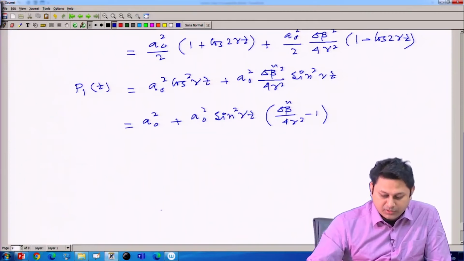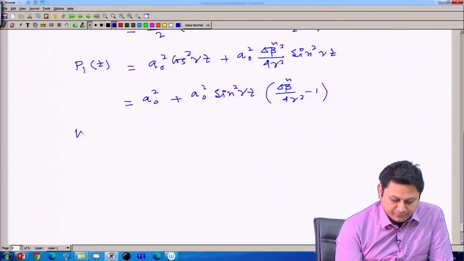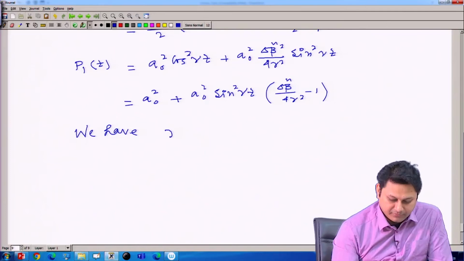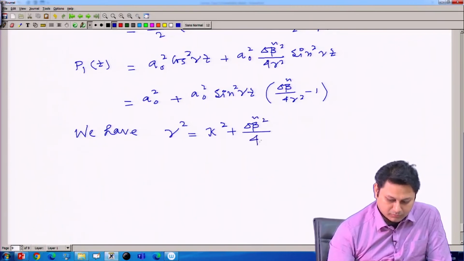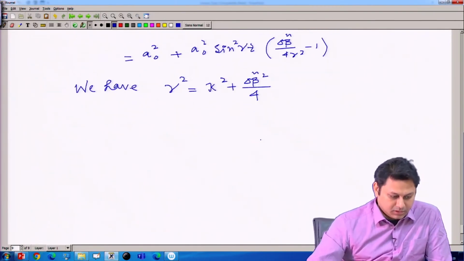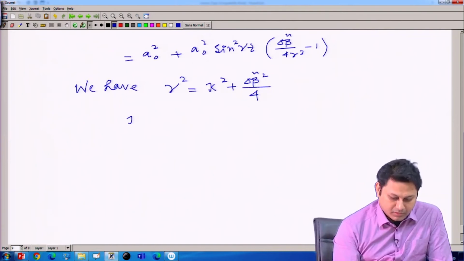Now, I need to put the value of gamma. So, we defined gamma earlier. So, we have say gamma square equal to kappa square plus delta beta tilde square divided by 4. So, I can write say kappa square divided by gamma square is how much?